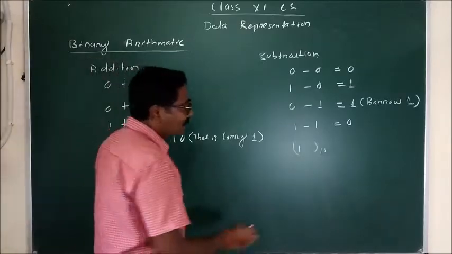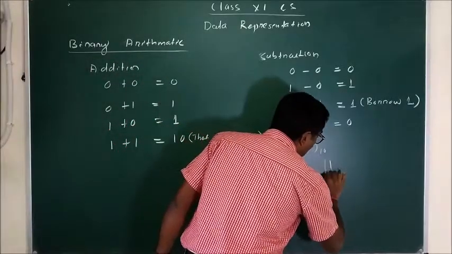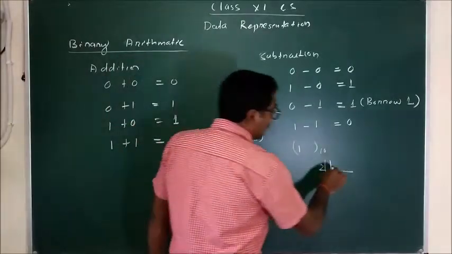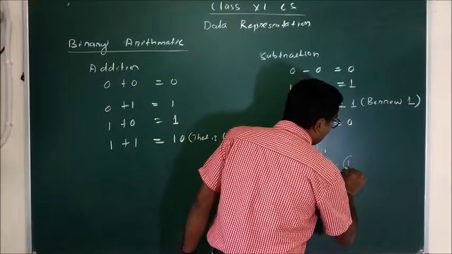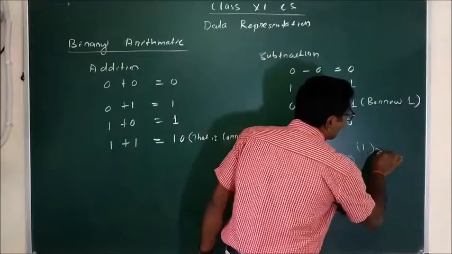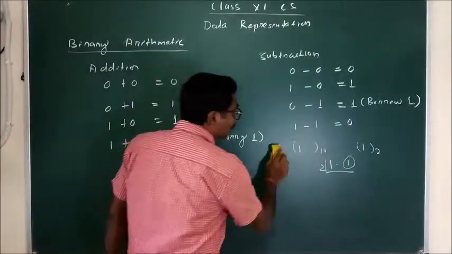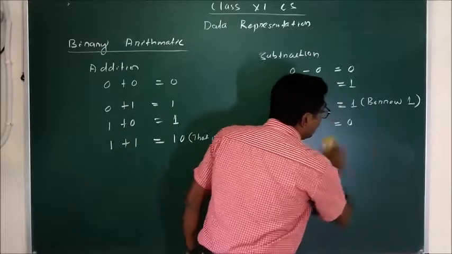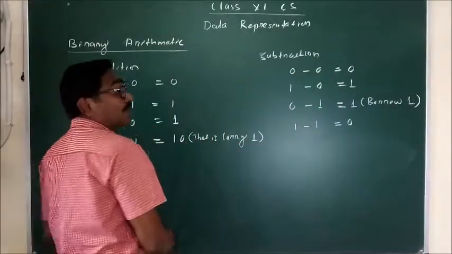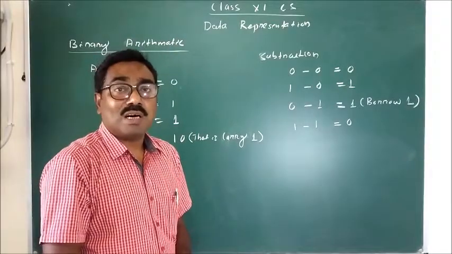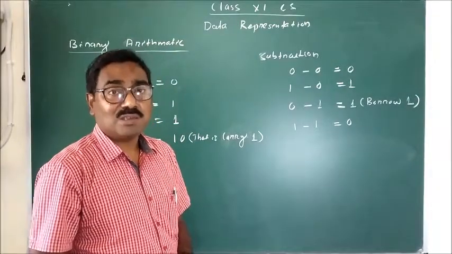Then 1 divided by 2 is not possible, so the remainder itself is 1, so the number is 1 base 2 itself. But the same thing if I am doing with 2. As we know, decimal 1 plus 1 is equal to 2, so binary 1 plus 1 should be binary 2.